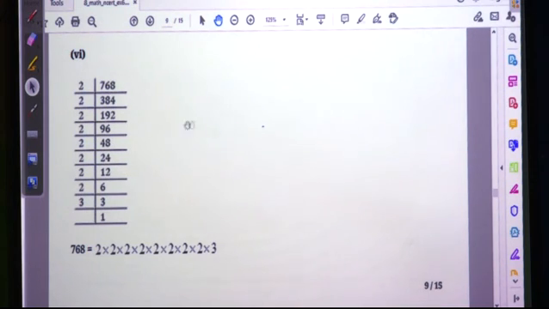768. 2 3s are 6, 1 remaining, next value becoming 16, 2 8s are 16, 2 4s are 8, again by 2, 2 1s are 2, 2 9s are 18, 2 2s are 4, 2 9s are 18, 2 6s are 12, 2 4s are 8, 1 remaining, 16 it is becoming, 2 8s are 16, 2 4s are 8, 2 2s are 4, 2 1s are 2, 3 1s are 3.